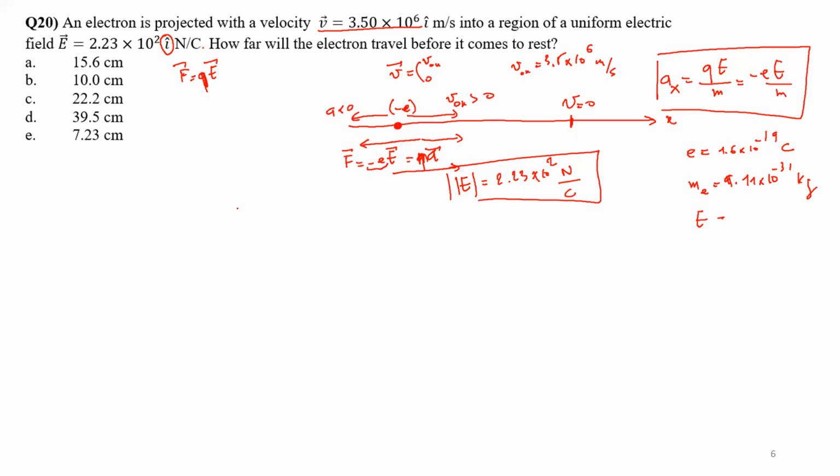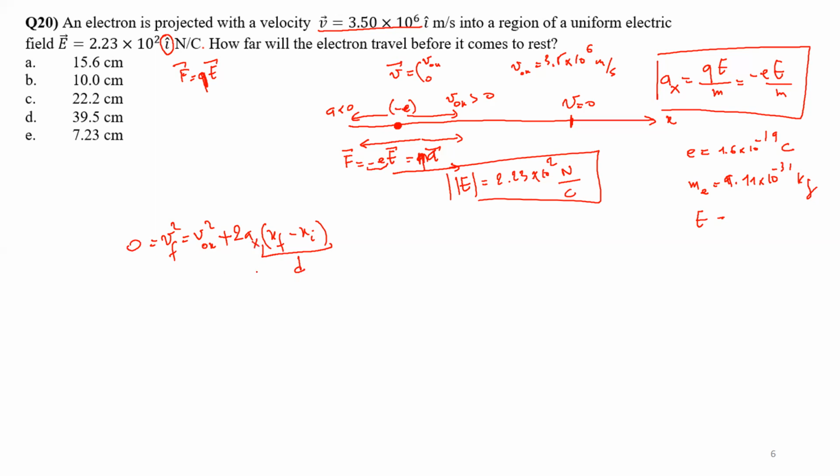So what can I do? I can apply v final squared equals v initial squared, which is v naught x squared, plus 2a times (x final minus x initial). x final minus x initial is what I want. This is d. v final squared is 0 because I end up stopping.